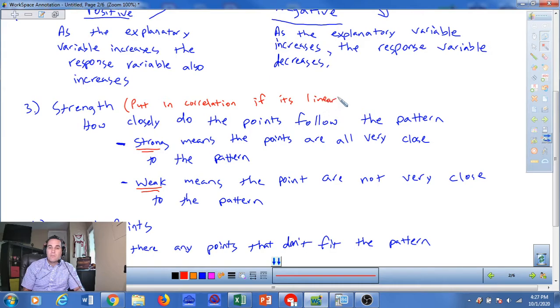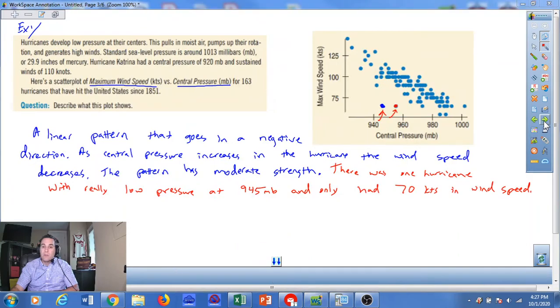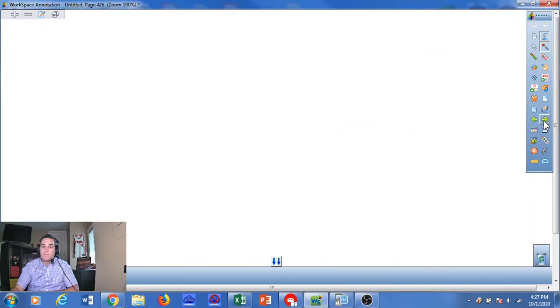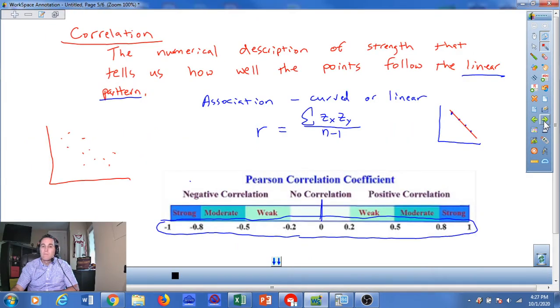So that's what I would do. If it's not linear, don't bring up correlation. You can say it has a strong pattern, but you don't have to say correlation. You can say it has a strong association. So there's correlation. Okay, we went over that.